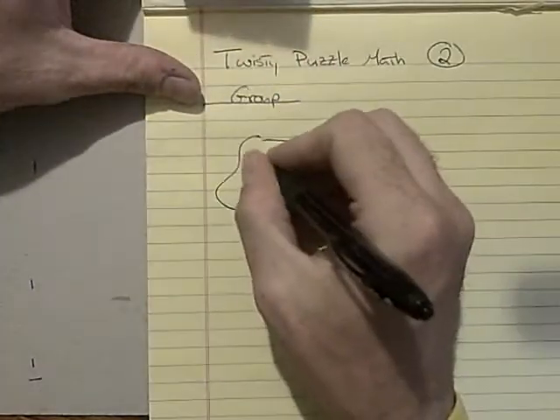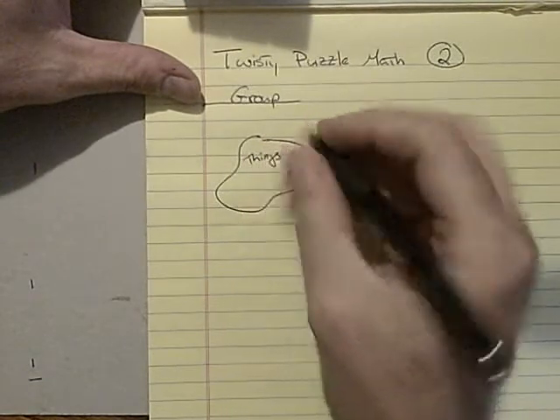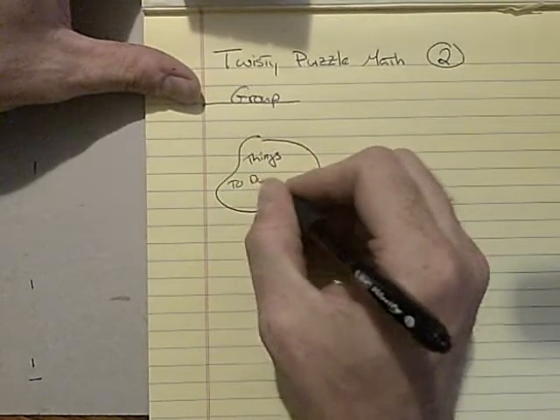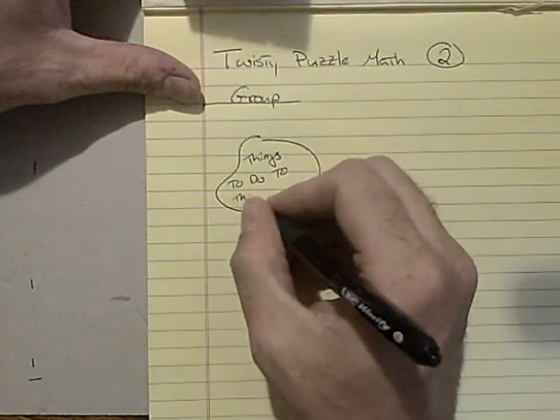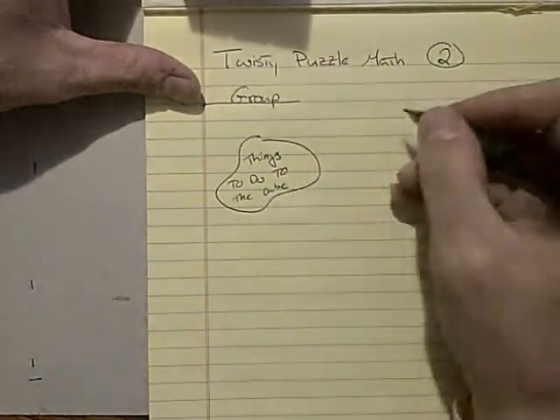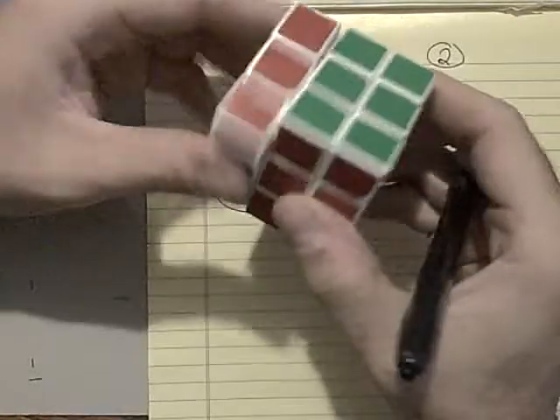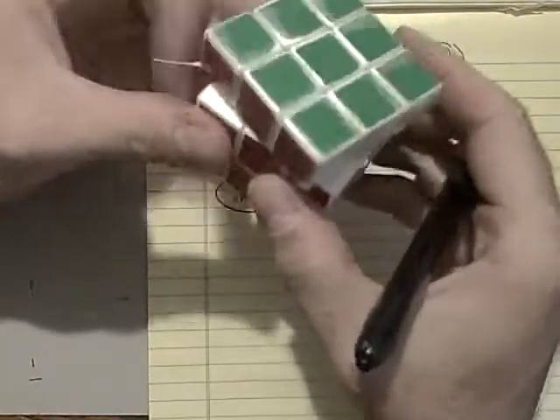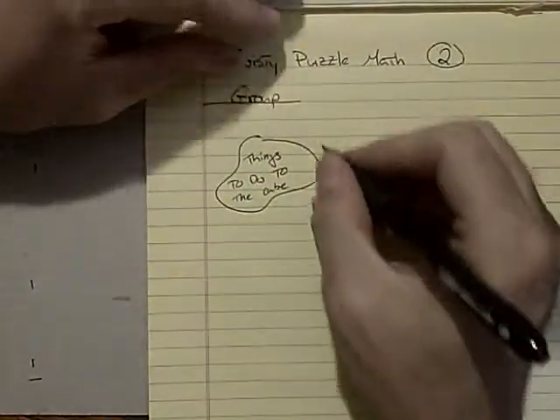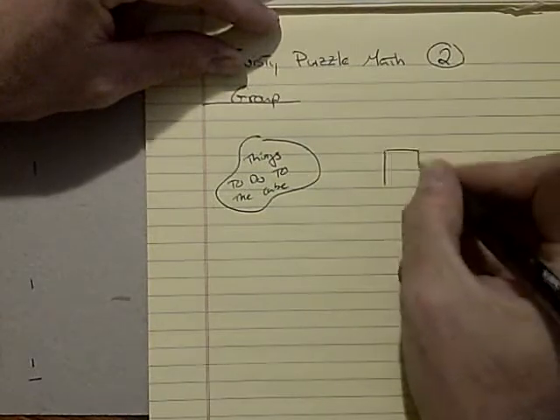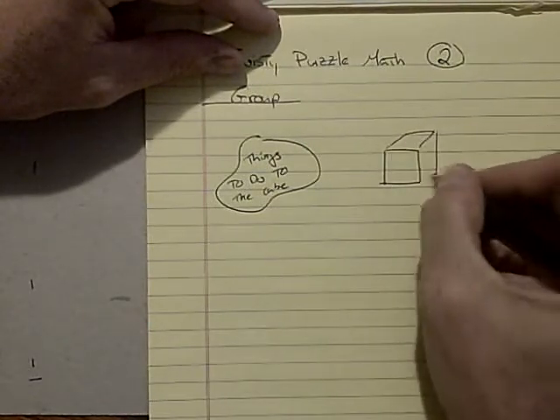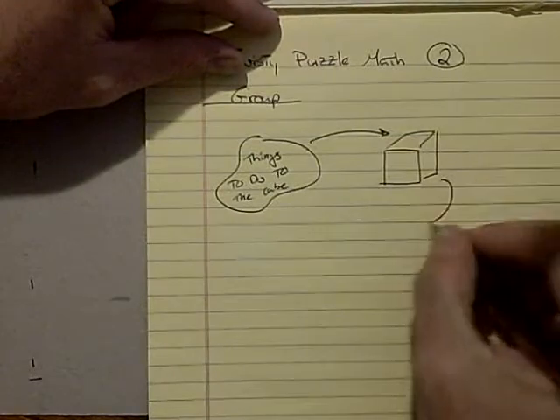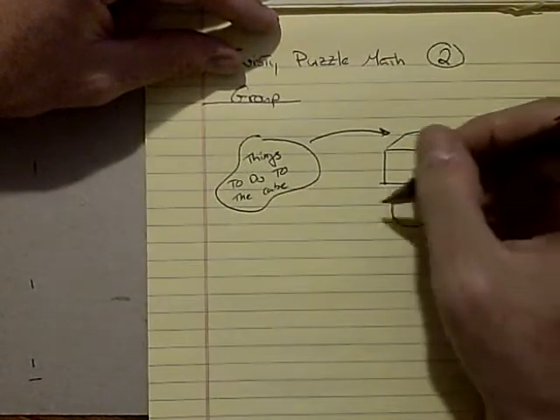All the legal things to do to the cube, moves, twists, all the things you can do to the cube, form a group. They act on the cube, moving the cube from one state to another.